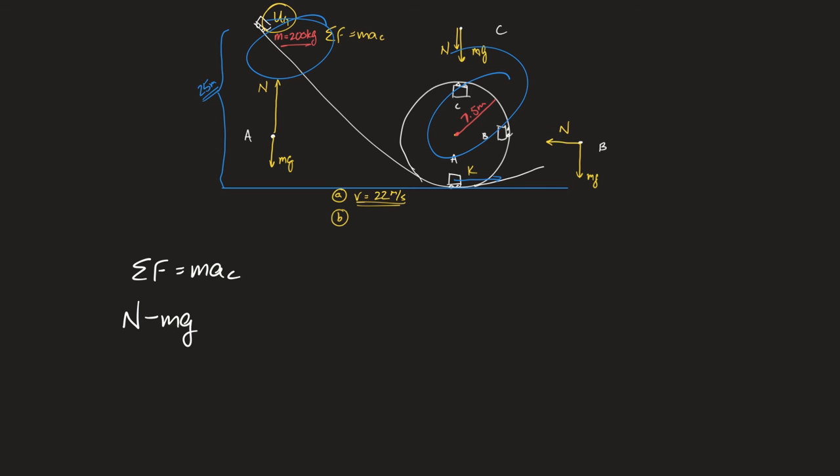In dealing with circular motion problems, always make towards the center of the circle positive. That's a footnote, but an important one. Always make towards the center of the circle positive. So that has to equal mv squared over r.